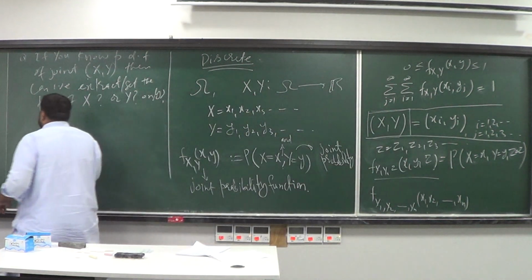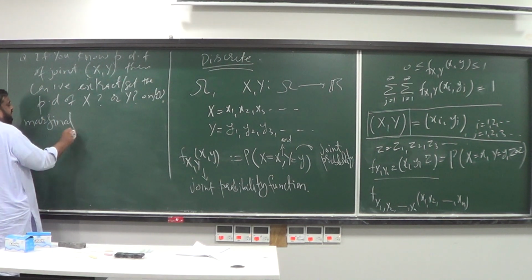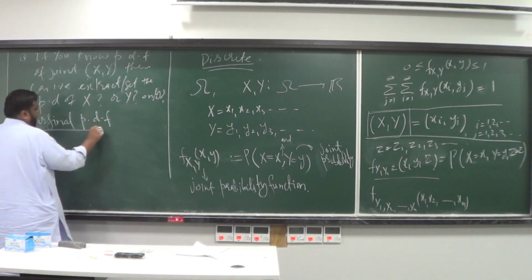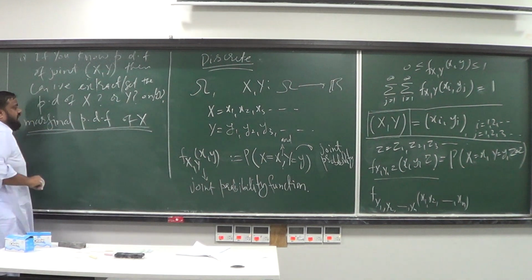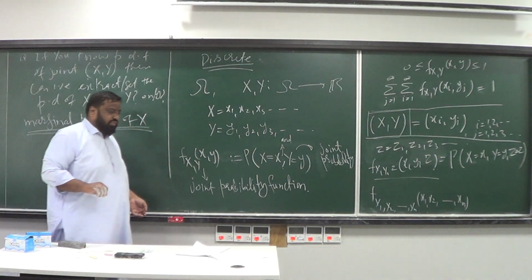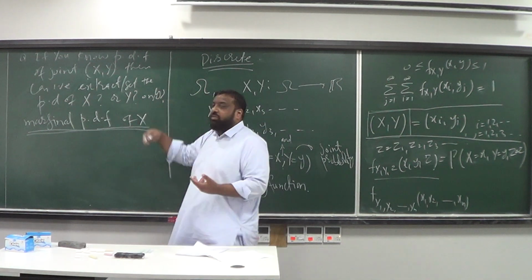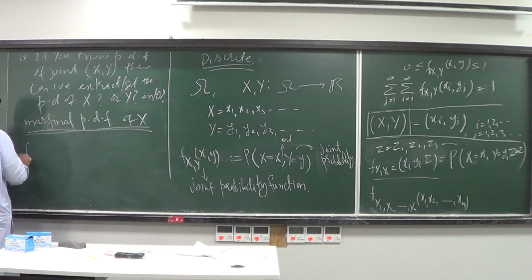You call such a PDF the marginal PDF of x. So there is a particular name for such a PDF which you extract from the joint PDF. How do you get it? I want to know the probability that x will take the value x.